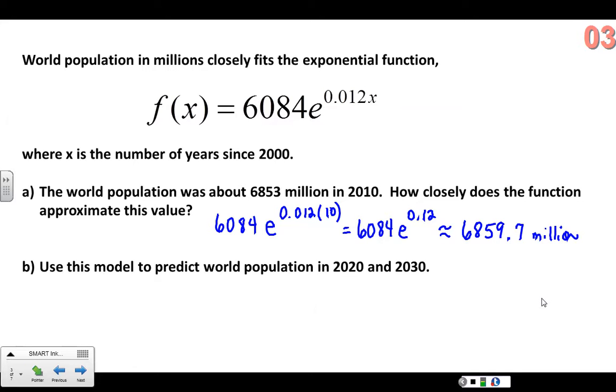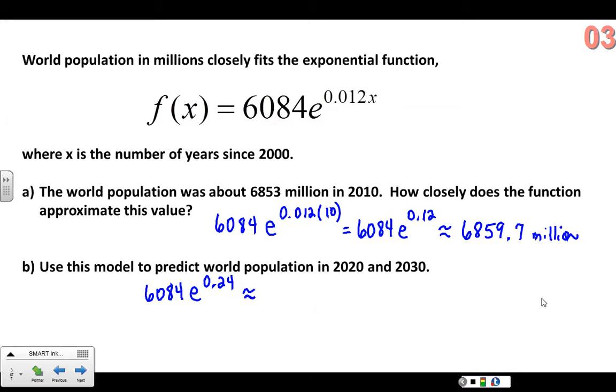So let's see what we could get for 2020. That would be 6,084 times e to the 0.012 times 20, so that comes out to be 0.24.